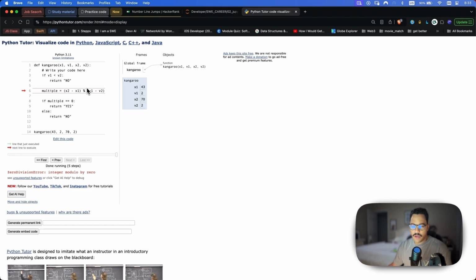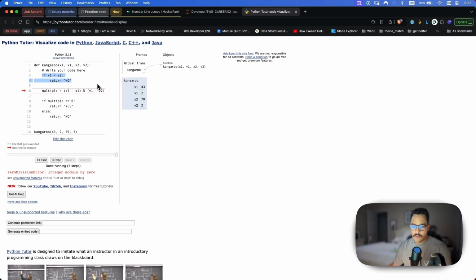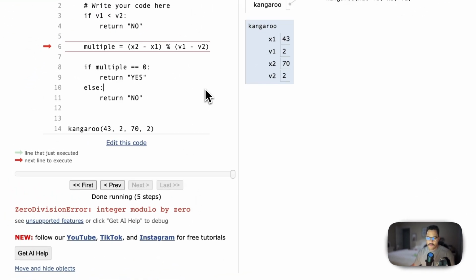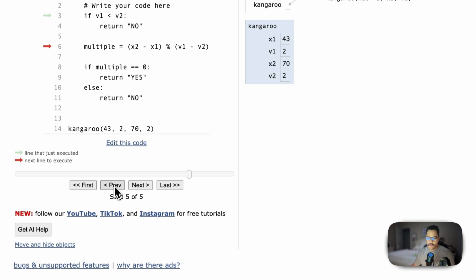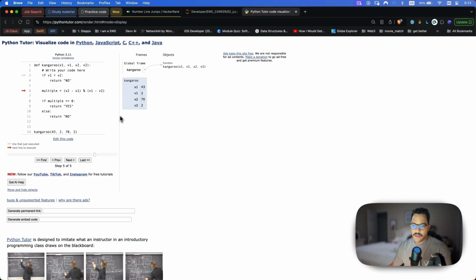Zero division error. Okay, so now I know we solved the problem with this condition. Now I have to see the kangaroo that passes here, where it's going to say x2, which is 70 minus 43.